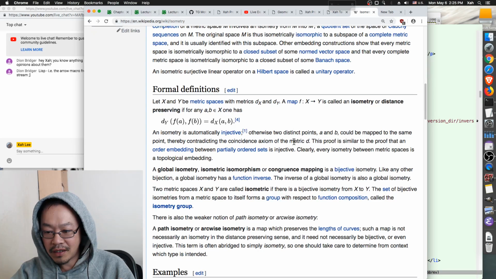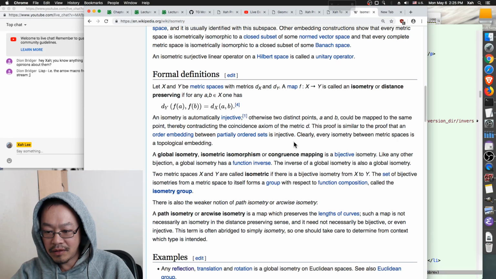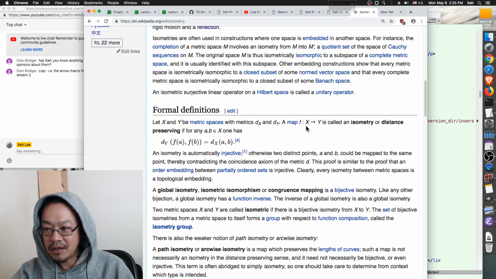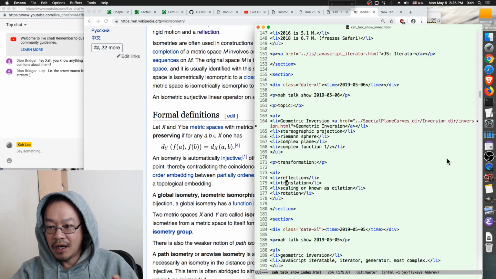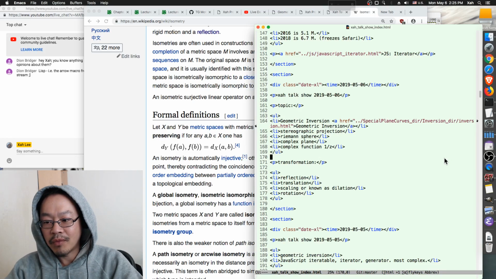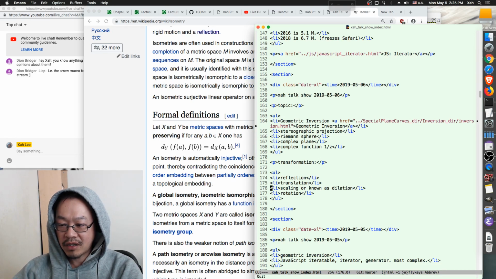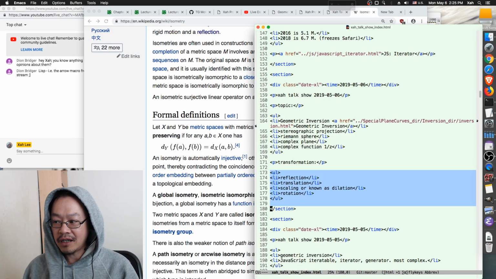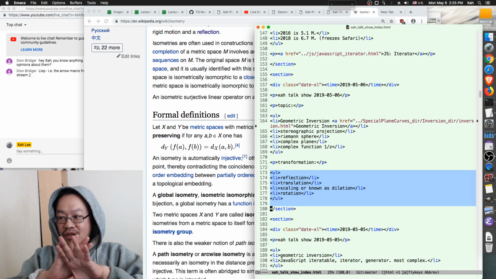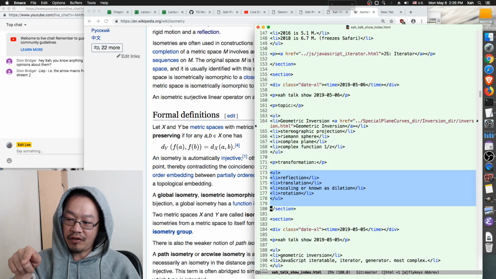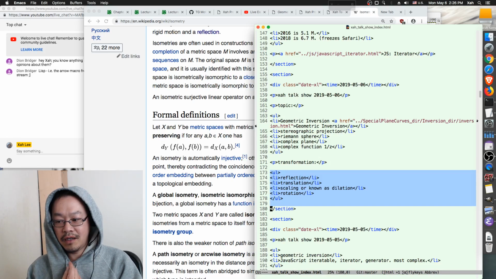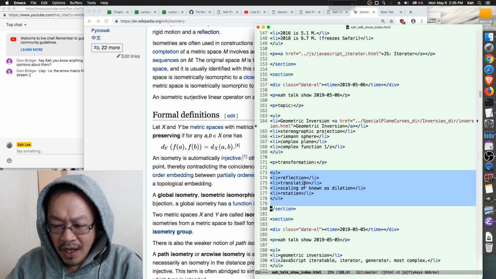Anyway, I'm pretty sure these four transformations are the complete list of transformations that are distance preserving in the Euclidean plane: reflection, translation, scaling, or rotation. Yes, I'm pretty sure.